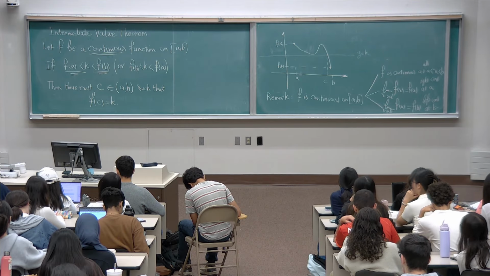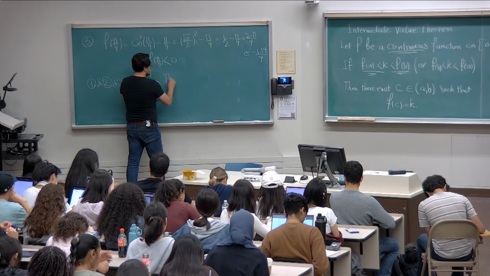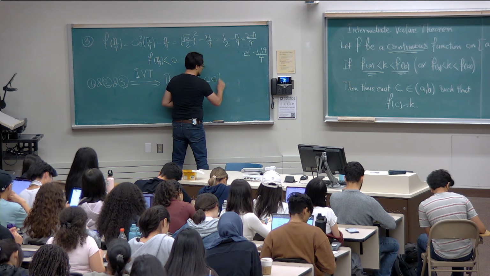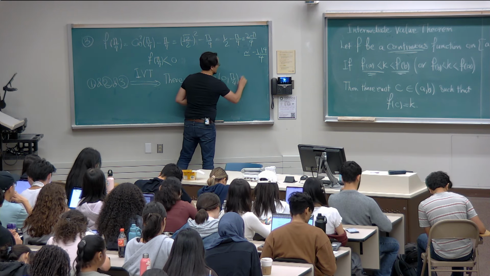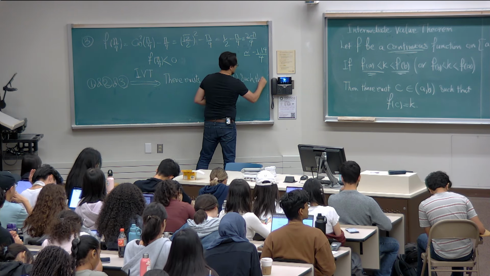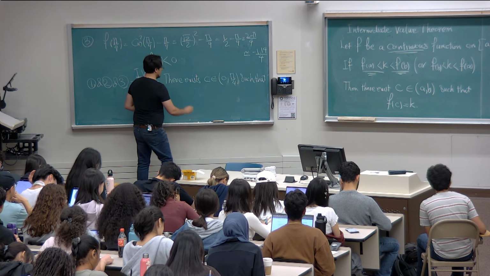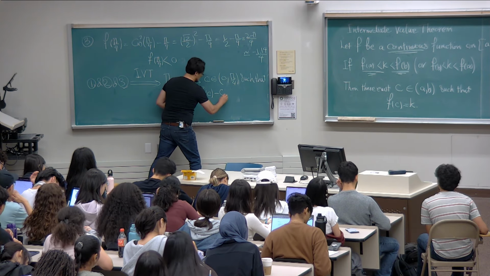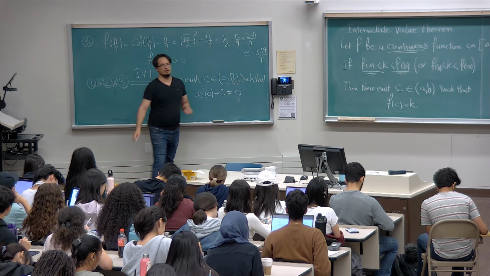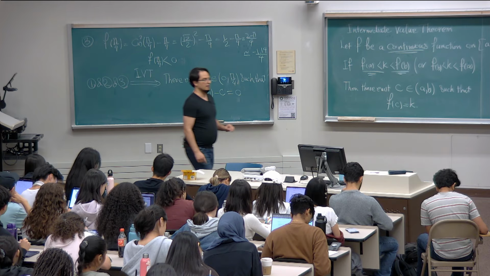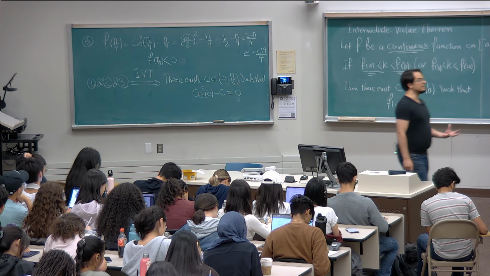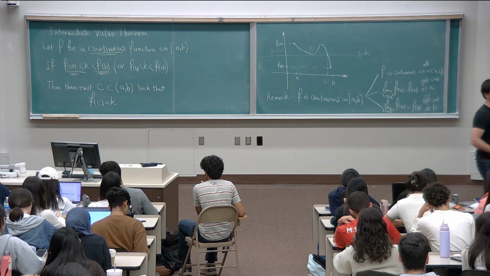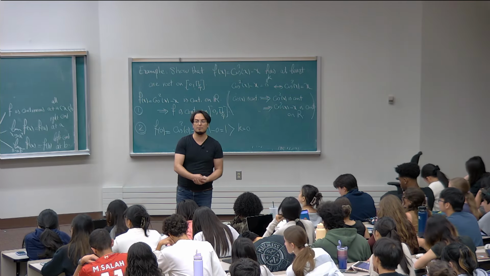So then IVT will tell me that there exists a C between 0 and pi over 4 such that F at C, or cosine squared at C minus C, is equal to K. Check the assumptions of your theorem, and then once you have all of them checked, the theorem will start doing the job it is supposed to do.